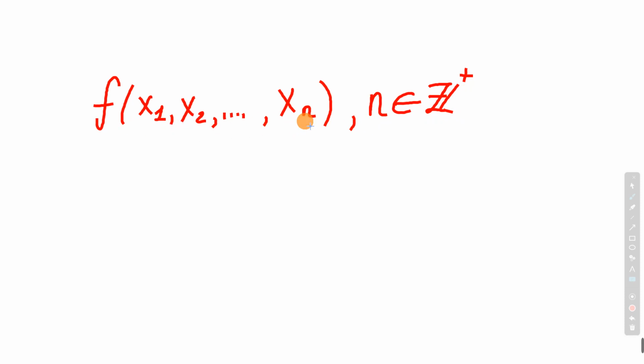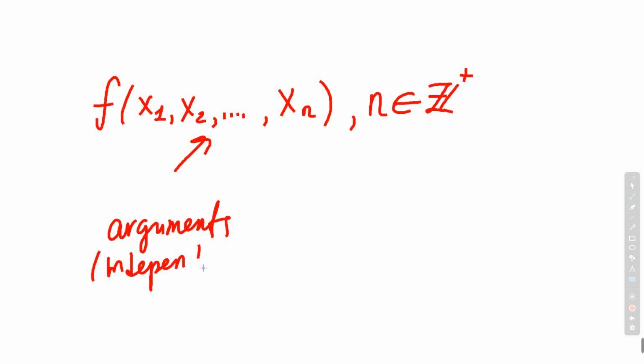It means n can be 2, 10, 100, 1 million. If you define a function in such a way, all these are arguments, or independent variables. Then you can have n inputs to compute the value of function f.